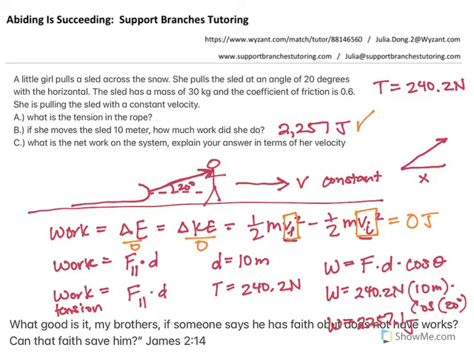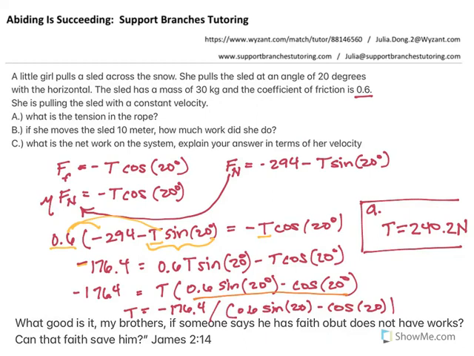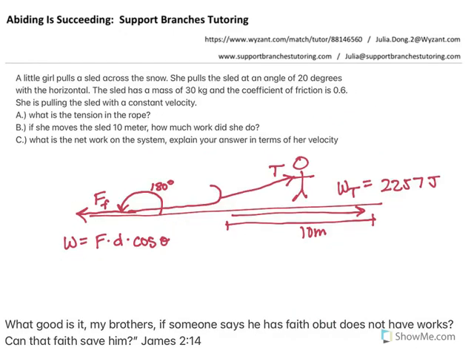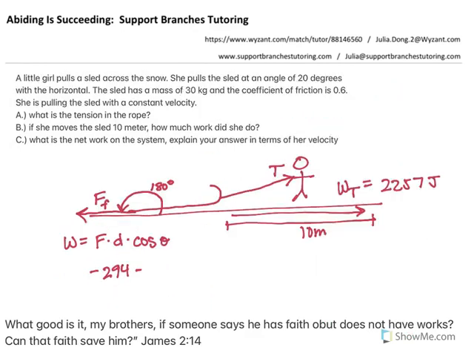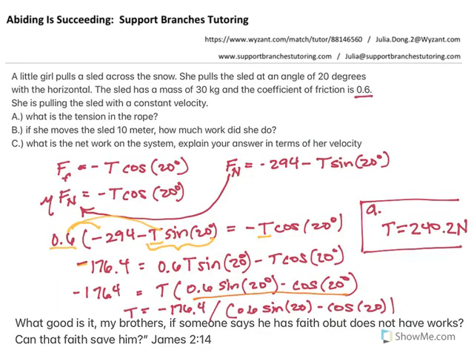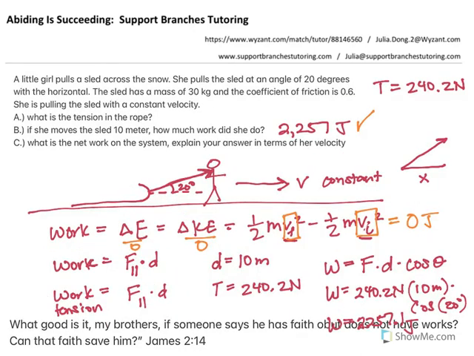And we have the force of the friction here would be, we had negative 294 minus tension, which we calculated as 240.2, and times the sine of 20 degrees.